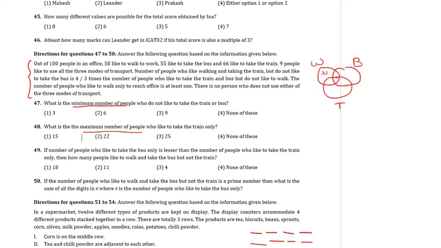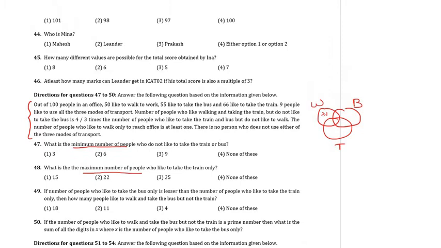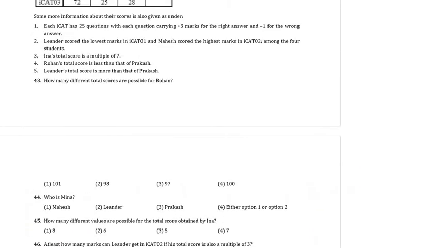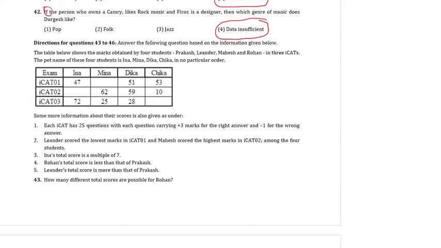Whereas when I consider the set on the table, which is this set right above this, we say there are 4 students and this table shows their marks in 3 iCATs. The pet names of these students are Ina, Mina, Dika, Chika. So one mapping will be name to pet name. That is something you will need to find.